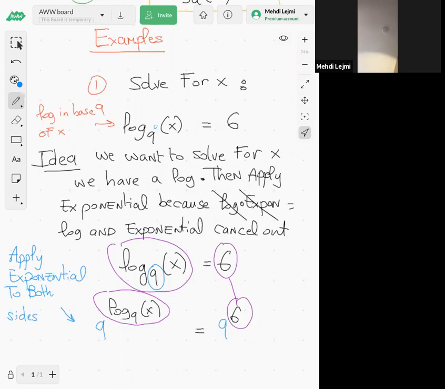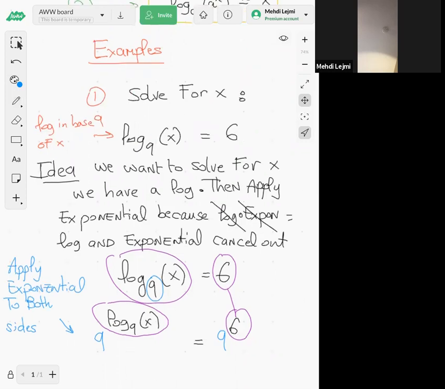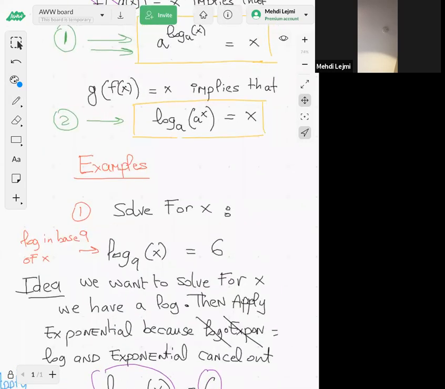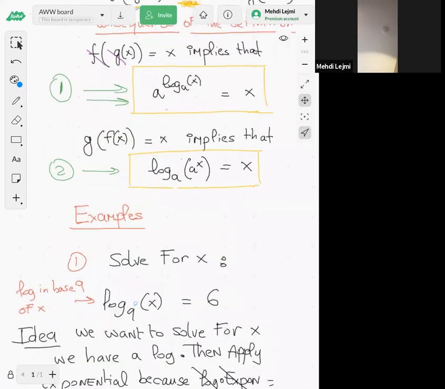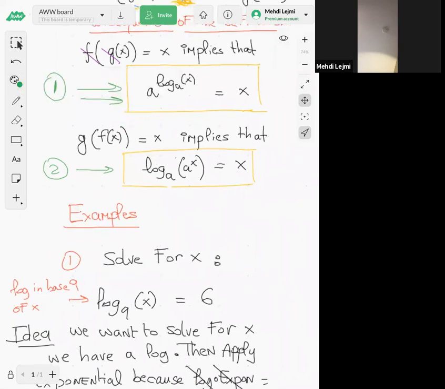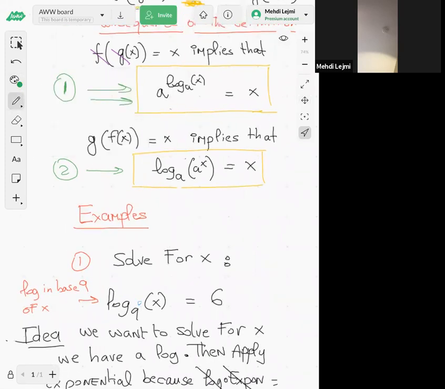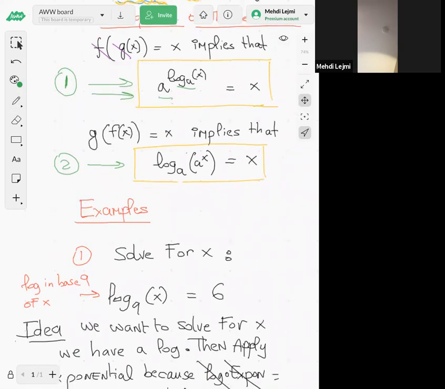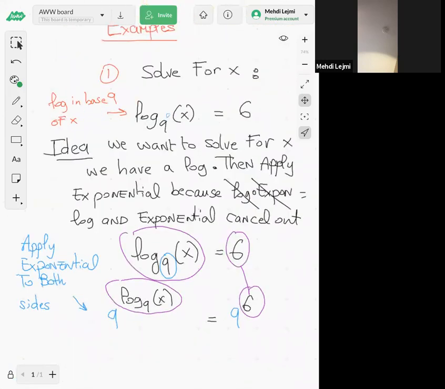Okay, so now, as I said, if you have a to the power log in base a, then they cancel out and you get x. So this 9 here and this log in base 9 cancel out, and you get your x.